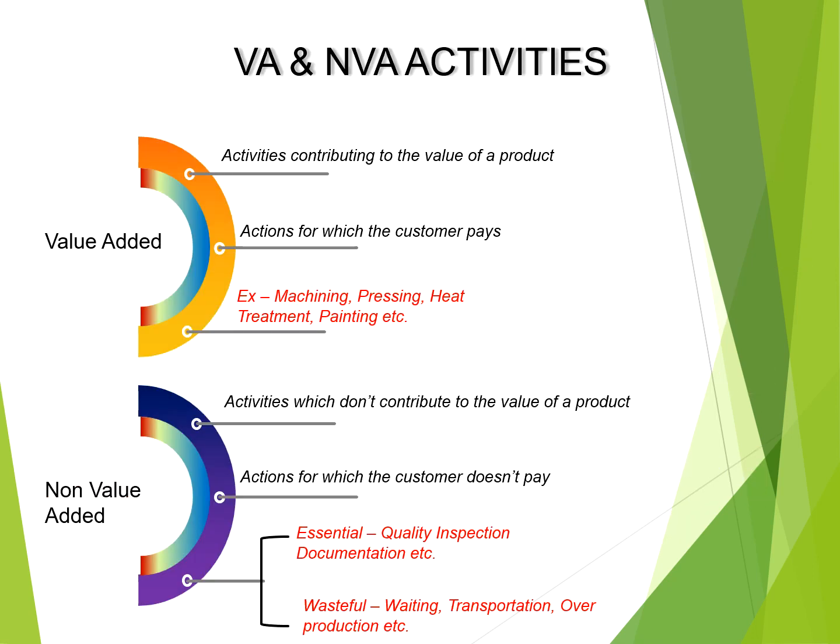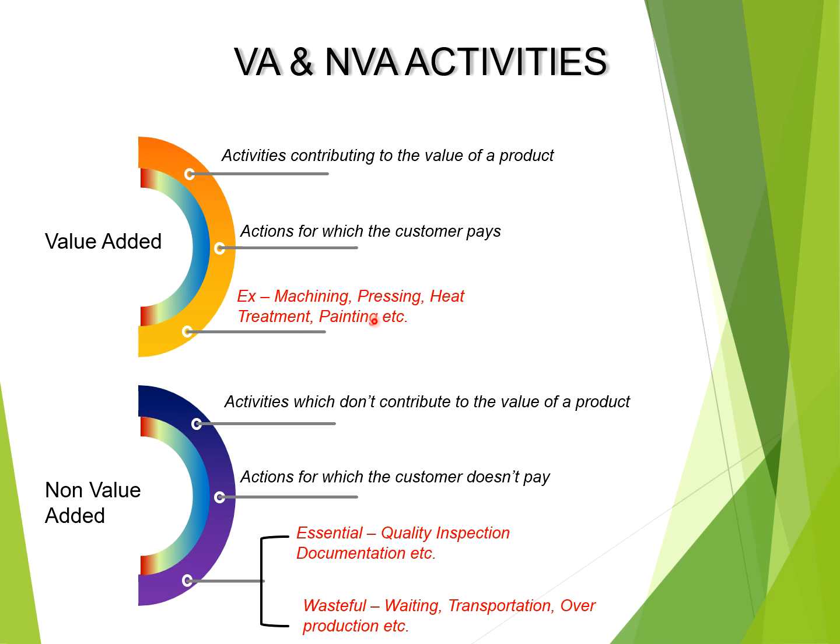Friends, we can divide the activities in a manufacturing sector into two categories: value added activities and non-value added activities. The value added activities are those which are contributing to the value of a product. These are the activities for which the customer pays us.